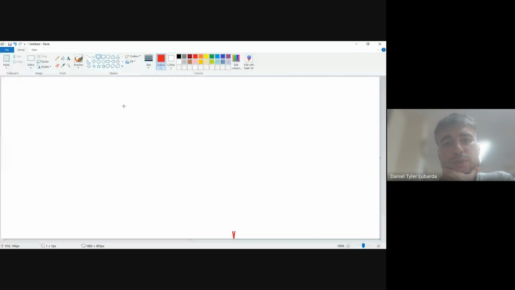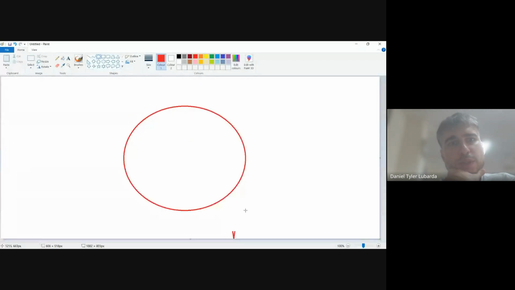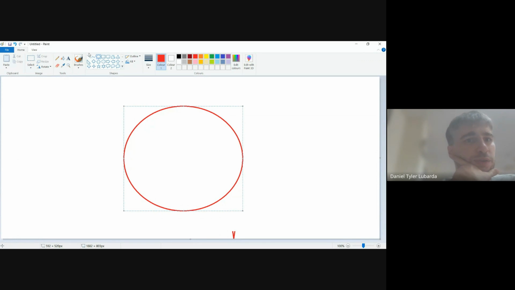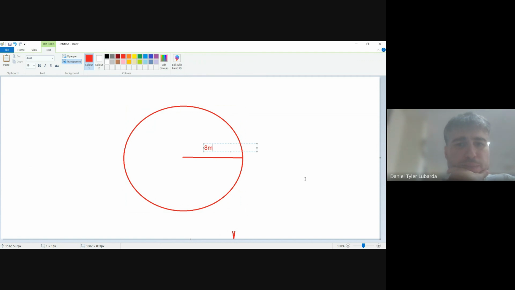Let's start with a circle. Okay, and this circle, we said before, if this is our carousel, it has a radius of 8 meters.